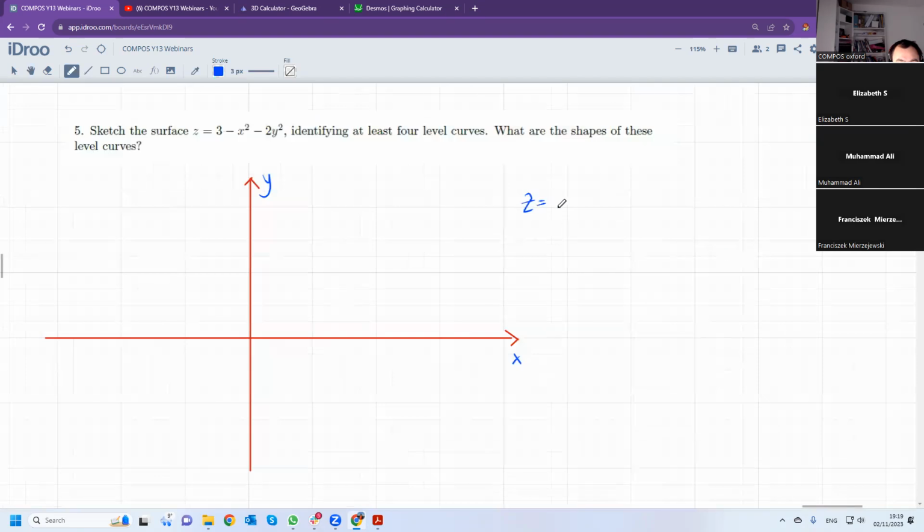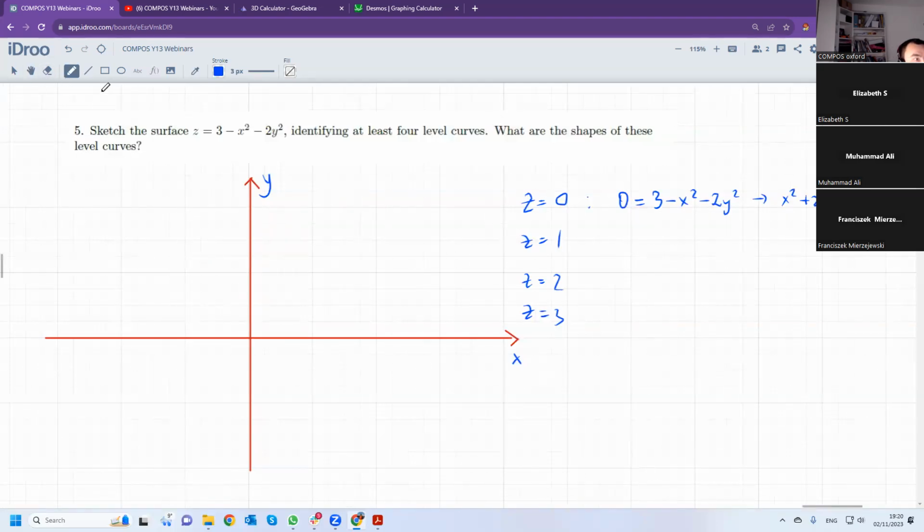So let's say z equals 0, z equals 1, z equals 2, z equals 3. 4 different level curves. For z equals 0, that's 0 equals 3 minus x squared minus 2y squared. So that's x squared plus 2y squared equals 3. Oh, that's an ellipse, right?